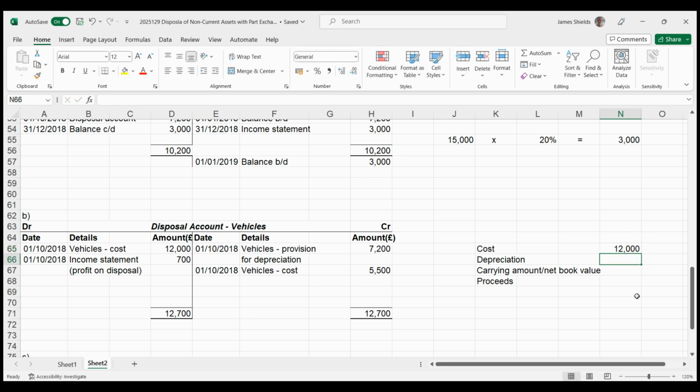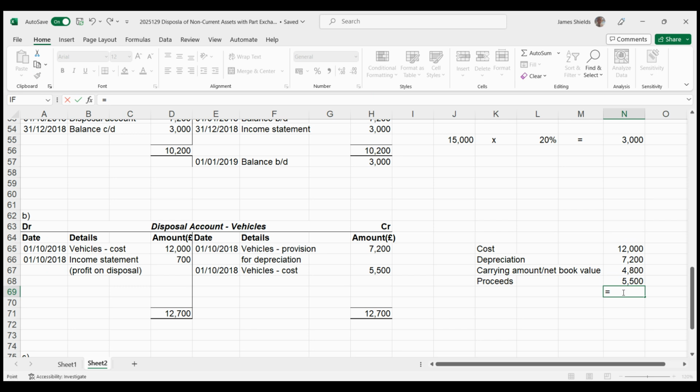The depreciation at time of disposal was 7,200, which gave us a carrying amount of 12,000, take away 7,200, or £4,800. Now the proceeds was £5,500. Now if the proceeds is greater than the carrying amount or net book value, that means I made a profit, and it is. And the difference there is the £700.